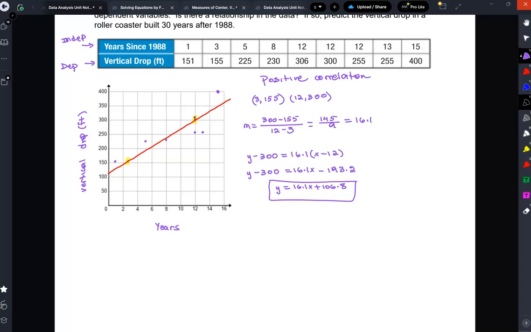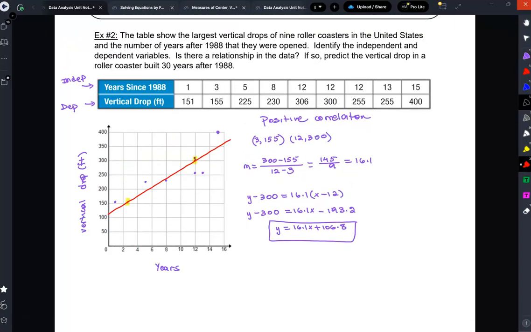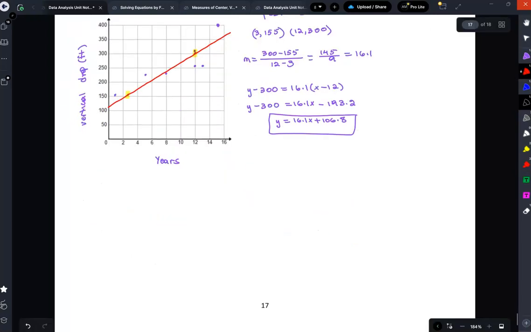Okay? Now, what I want is to predict the vertical drop 30 years after. So what I want is y of 30, which is equal to 16.1 of 30 plus 106.8.